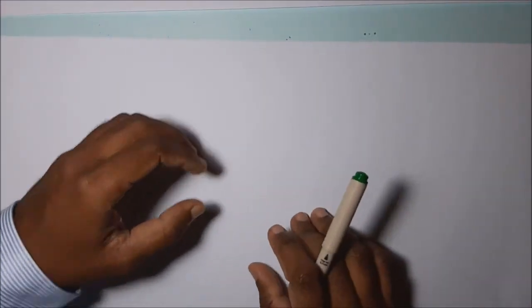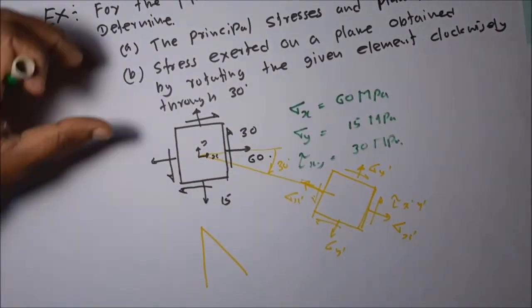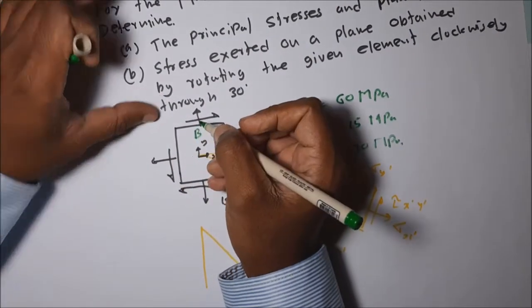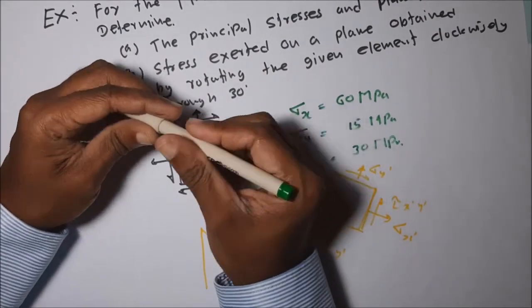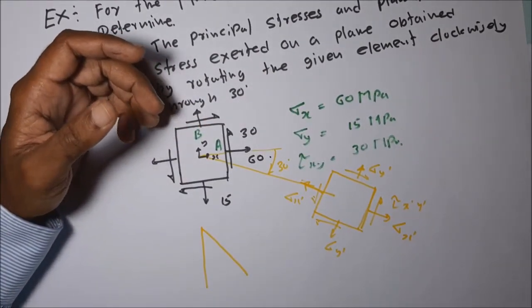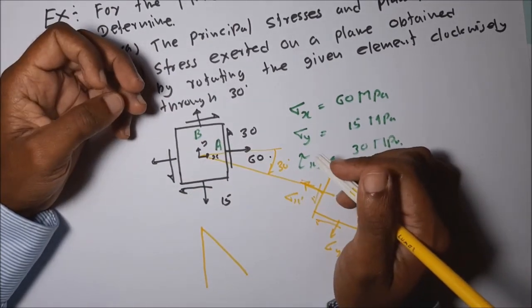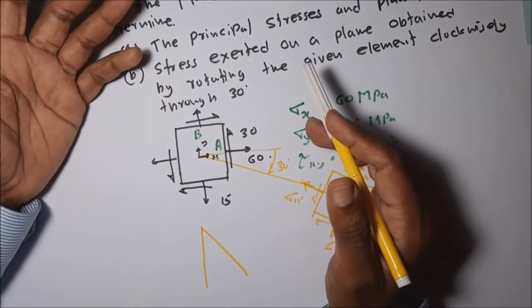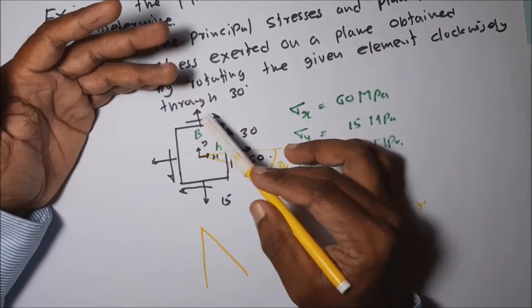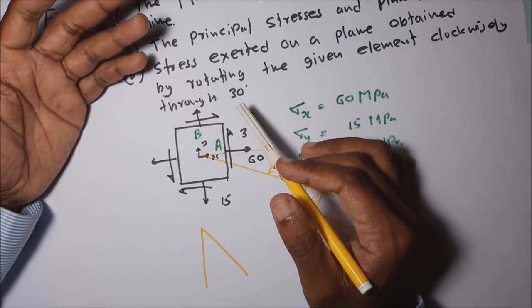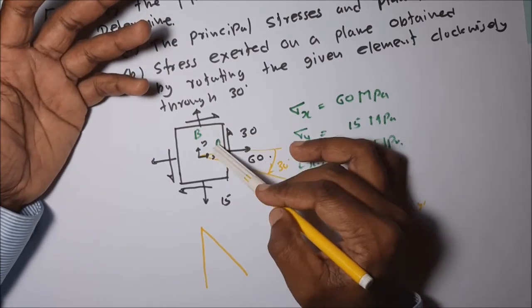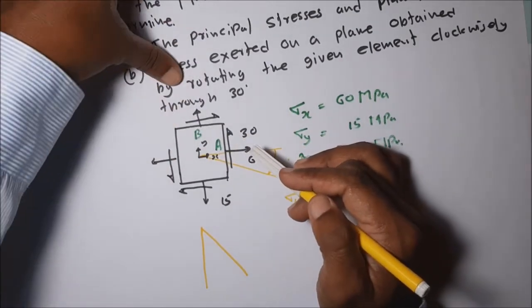In this diagram, let's take this point as A and this point as B. According to the sign convention, these two points represent the diameter of the circle, because the angle between these two planes is 90 degrees, which becomes 180 degrees on the circle.